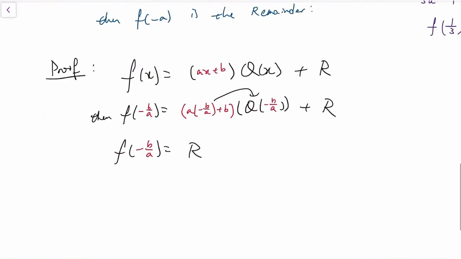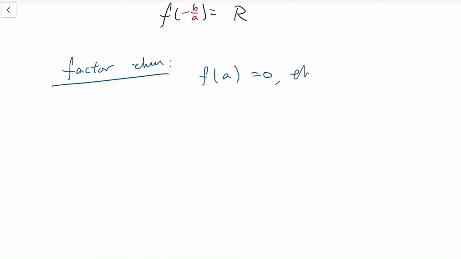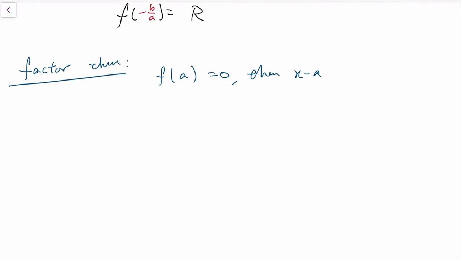Then the next immediate result we can get would be the factor theorem, which says if we sub in some number, say a, into f, and somehow you get 0, then x minus a is a factor of f(x).